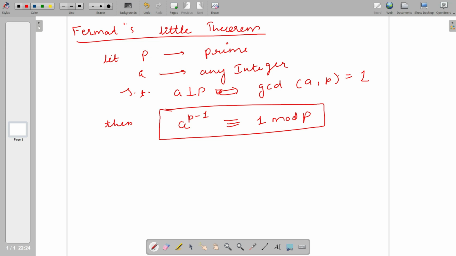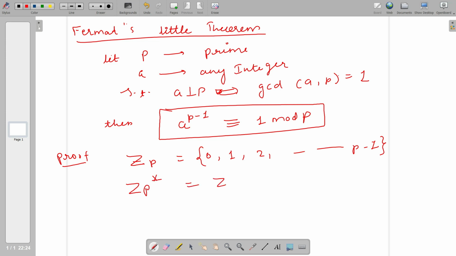Now we are going to prove how this comes to be true. The proof we can give like this. We need to find Z_P, which is the set of all residue classes: 0, 1, 2 up to P minus 1. Z_P star is Z_P minus 0, so Z_P star will be 1, 2 up to P minus 1.